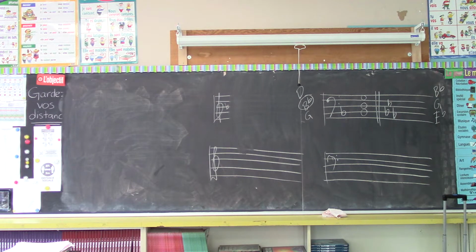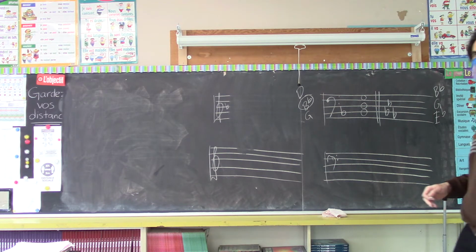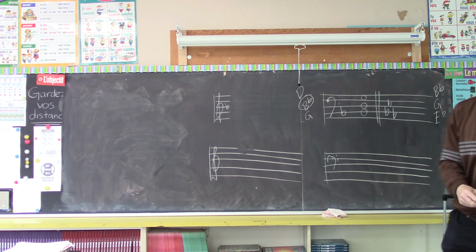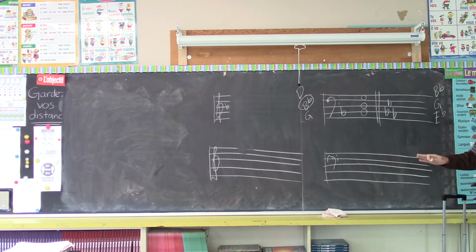Because in the question, there's a piece of information that means I'm done. It's in root position. You got it. So the question says root position. I don't have to go and now look for the third or the fifth, right?